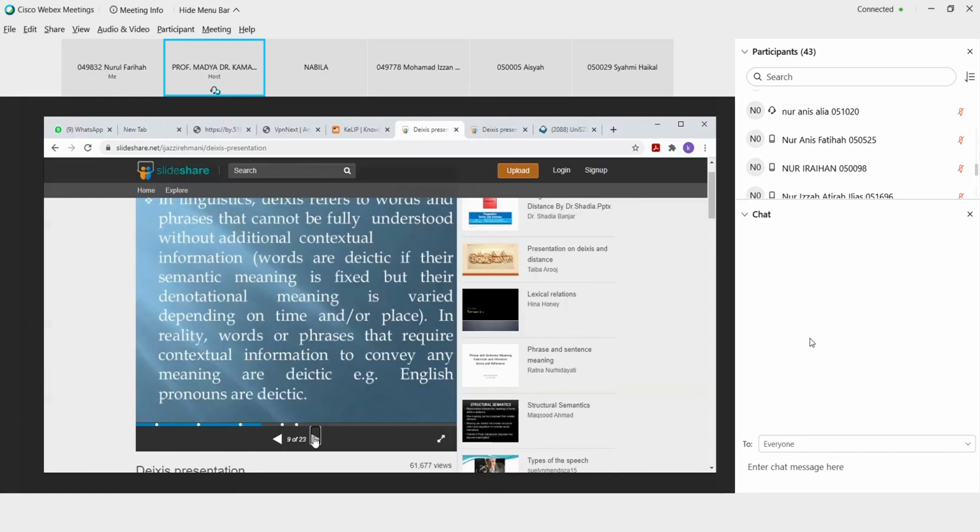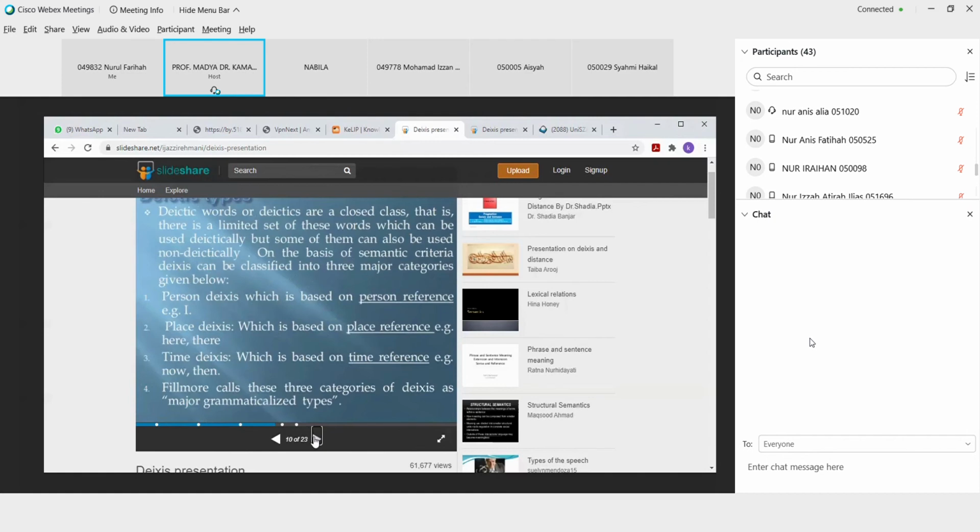In linguistics, deixis refers to words and phrases that cannot be fully understood without additional contextual information. So English pronouns, they are deictic.